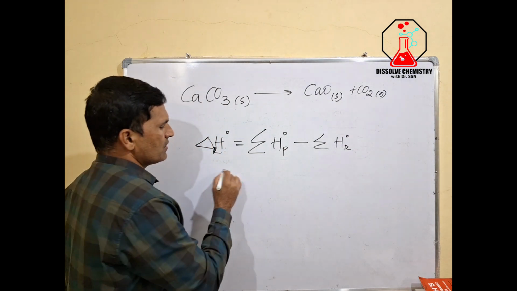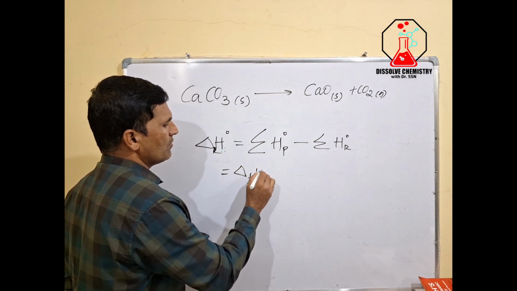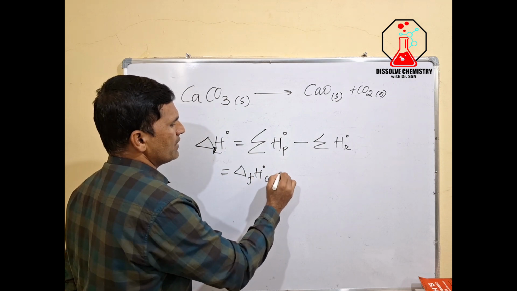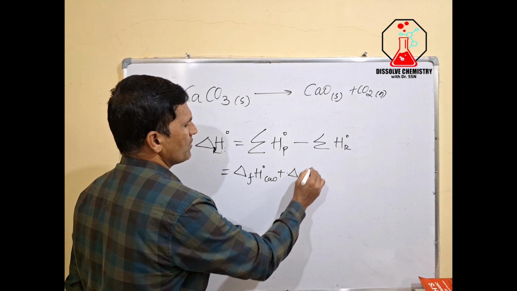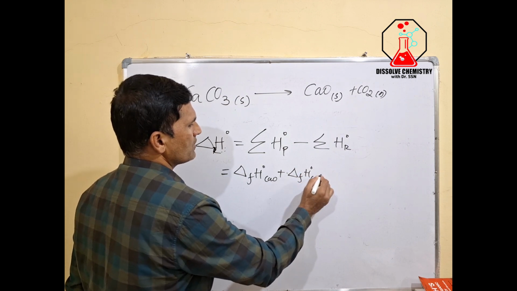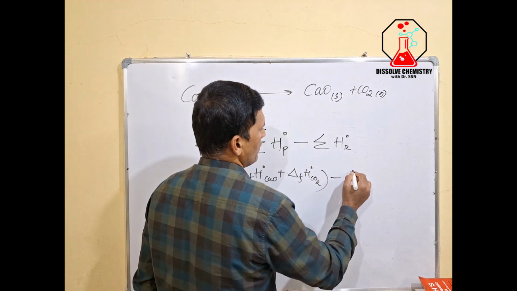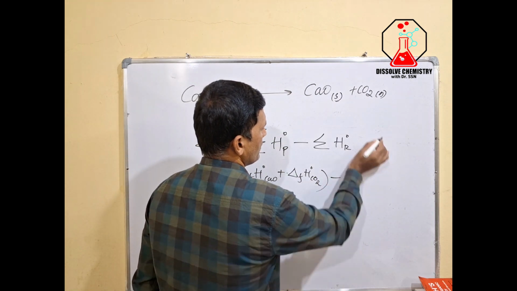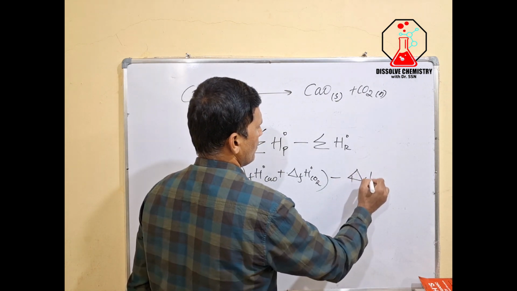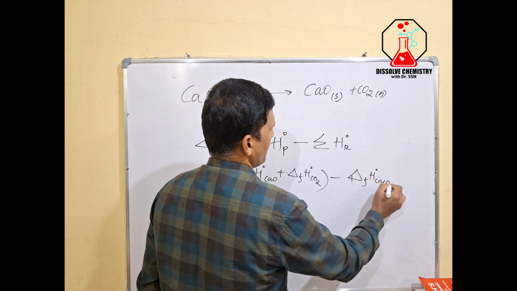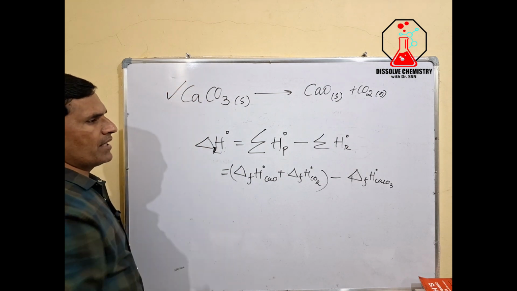That is the enthalpy of formation of calcium oxide plus the enthalpy of formation of carbon dioxide, minus the enthalpy of formation of calcium carbonate. So from this we can calculate the enthalpy of reaction.